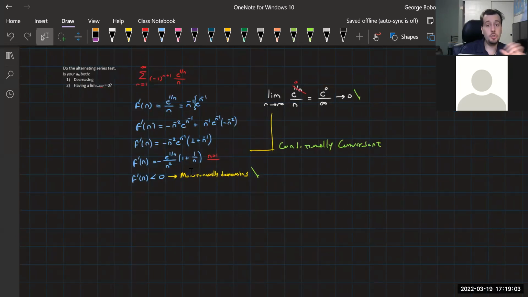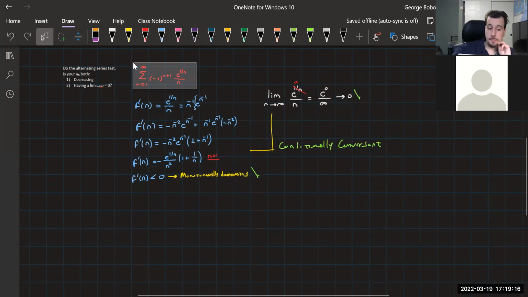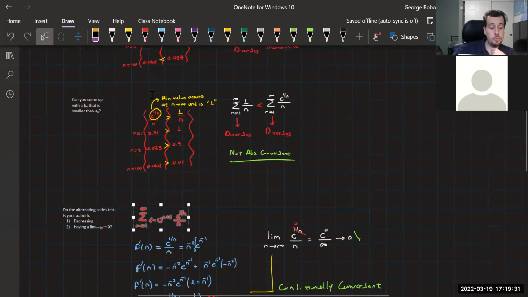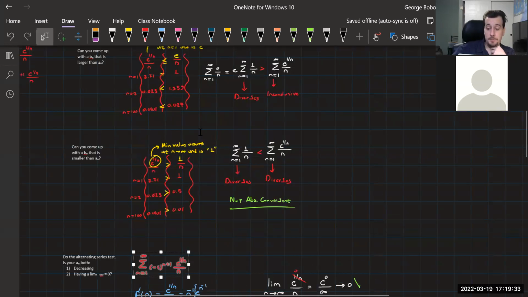You checked the alternating series and checked to see what a sub n does, and you got that it actually converges because it passed both of these tests. Well, now you have to check if it absolutely converges anyways, because you have to tell your prof if it absolutely converges or not. So you have to do this work anyways in this problem.